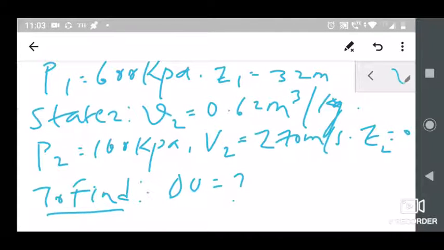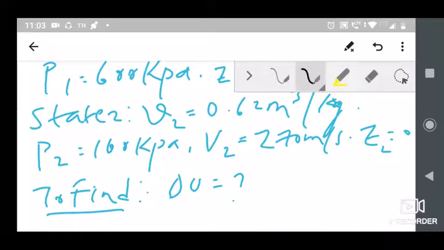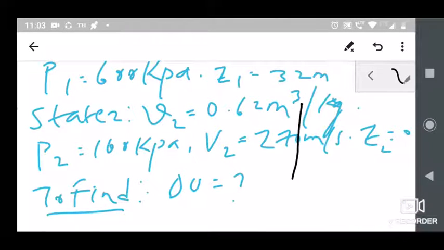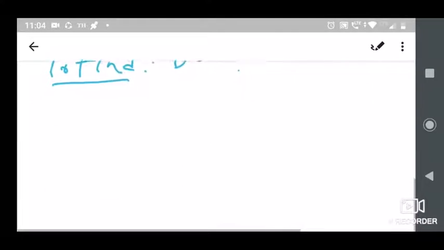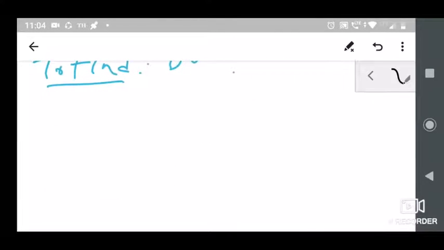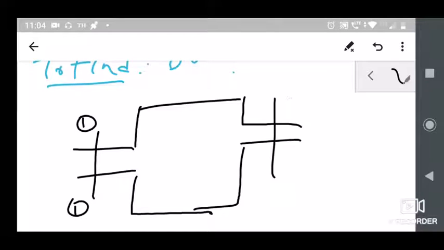First, let us draw the sketch. Here is your section 1 and here is your section 2.